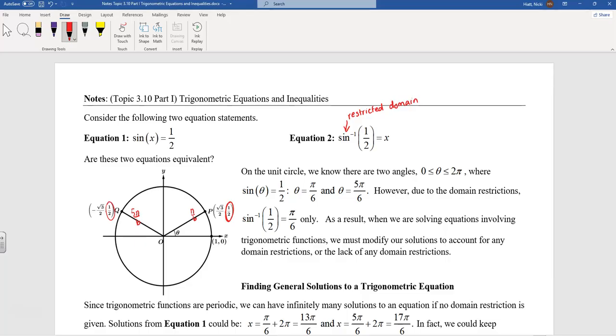So this has no restrictions on domain. But when you use inverse sine notation, that does have restrictions on domain.